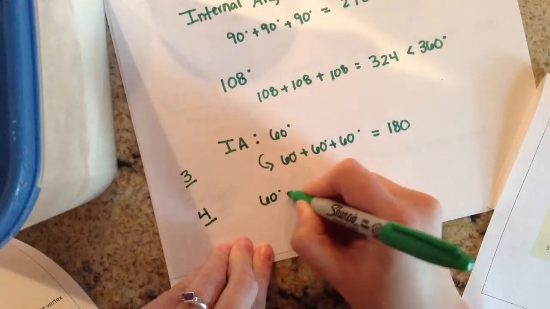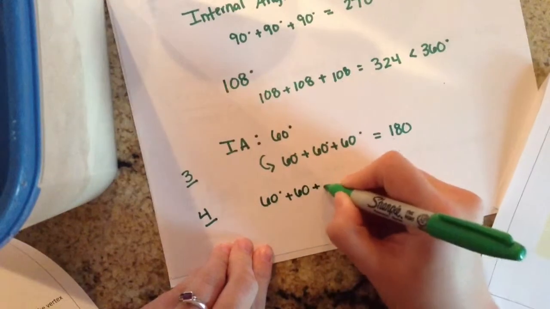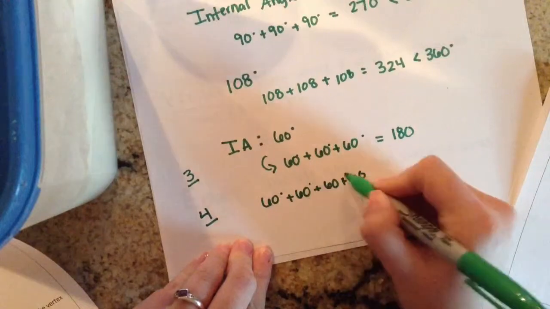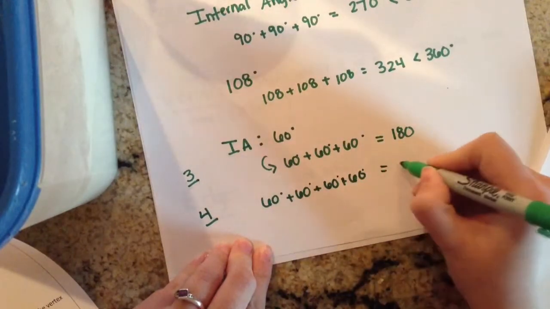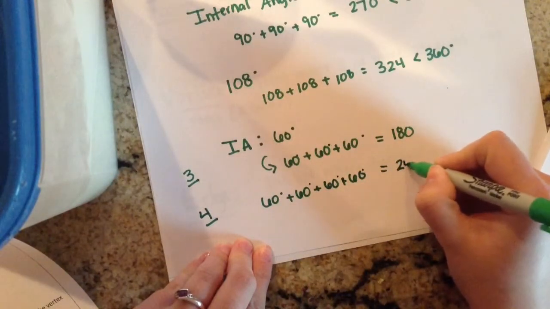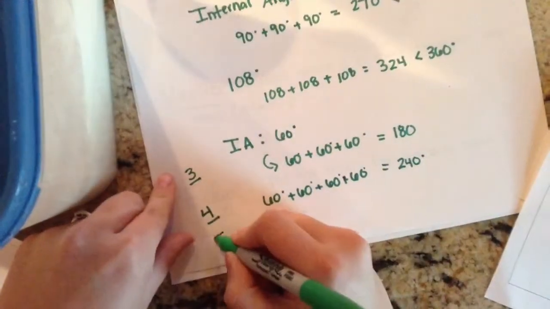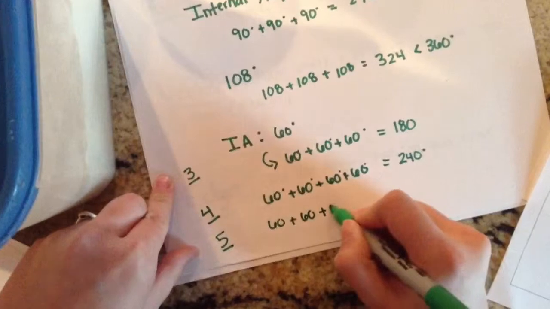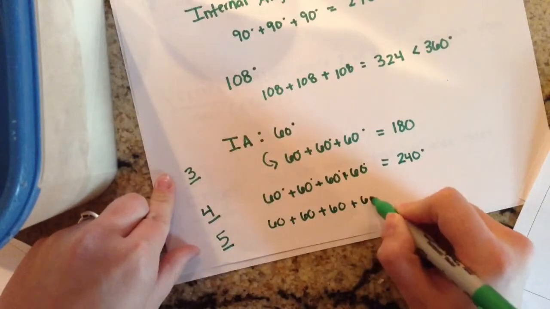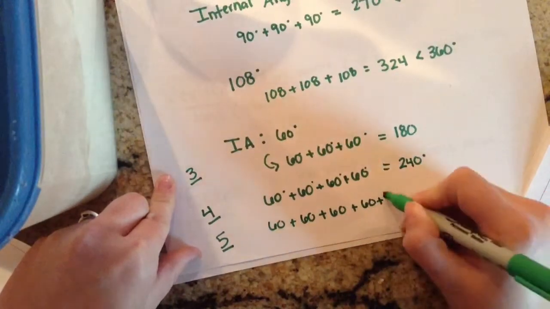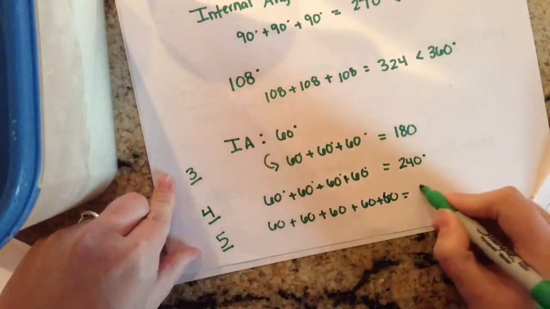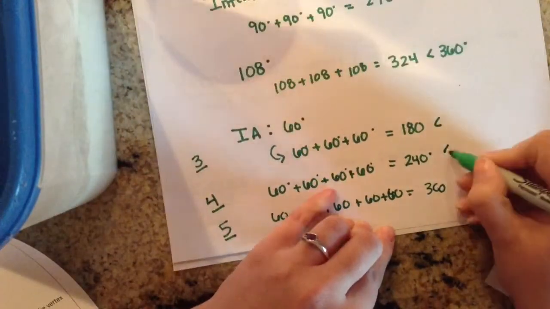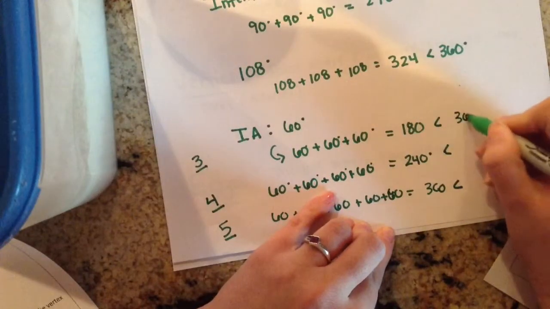This should just be the internal angles, except you're going to have 4 of them, so this is going to be 240. And you can even have 5 internal angles, which is 60 plus 60 and so on, equals 300. So with the triangles, all of these are less than 360 degrees.